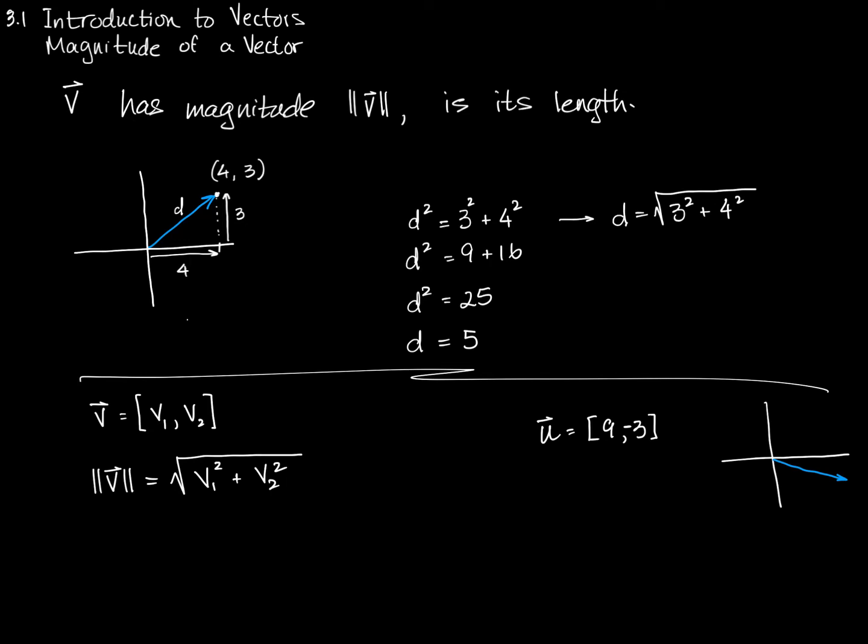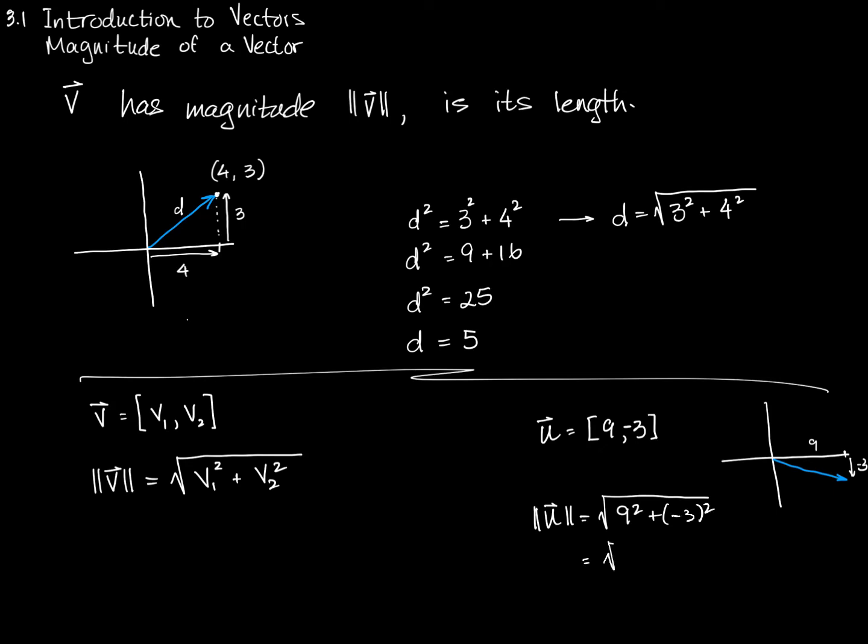Well, if I had to go out 9 and down 3, then using the Pythagorean theorem, I get the square root of u sub 1, which is 9 squared, plus u sub 2, which is negative 3 squared.